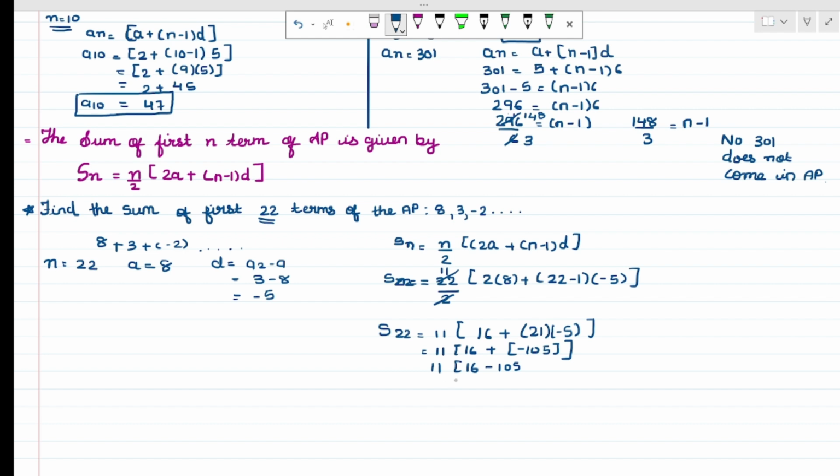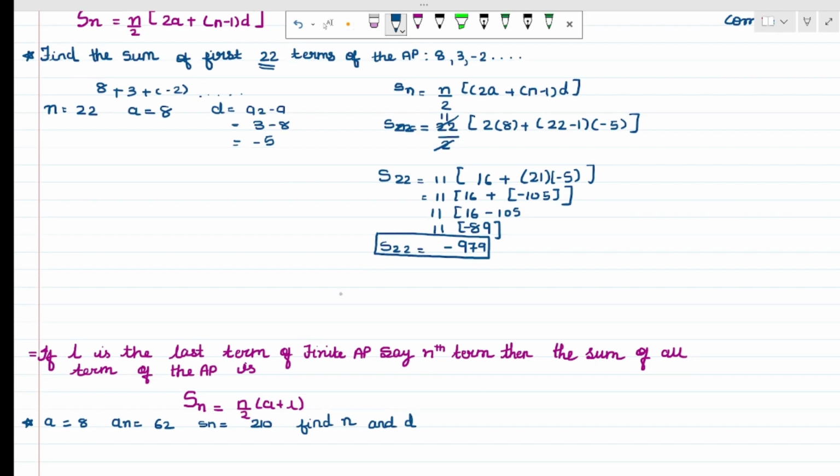It gives me 89. So 11 into 89, but it will be negative. So 89 into 11 gives me S22 equals minus 979. So my summation of 22 terms will give me minus 979.